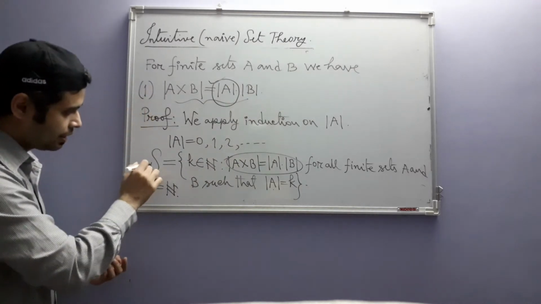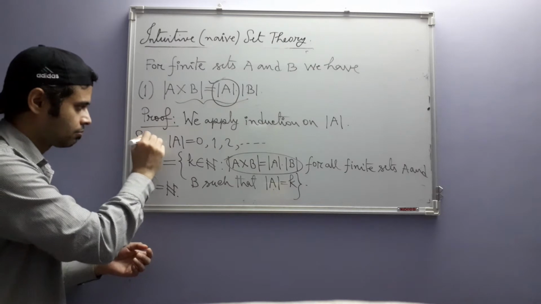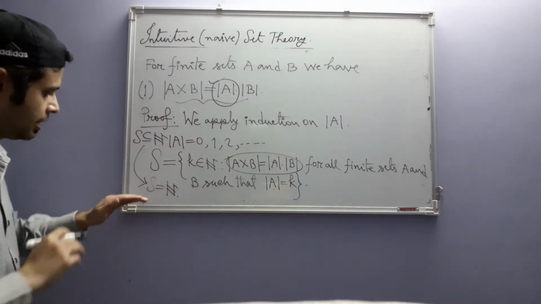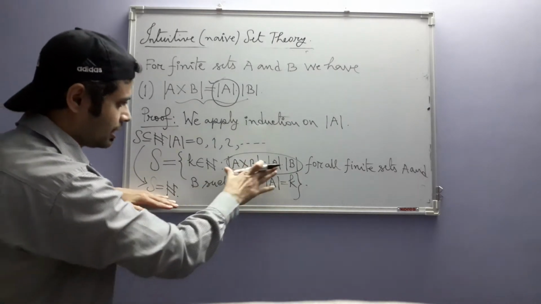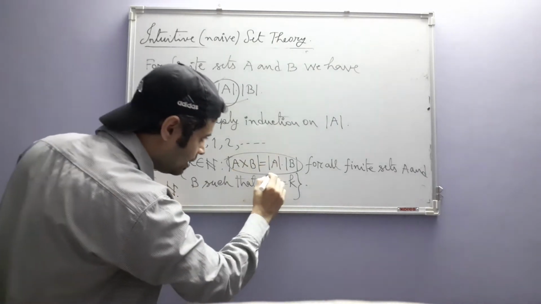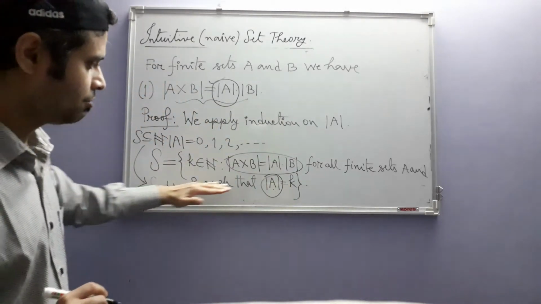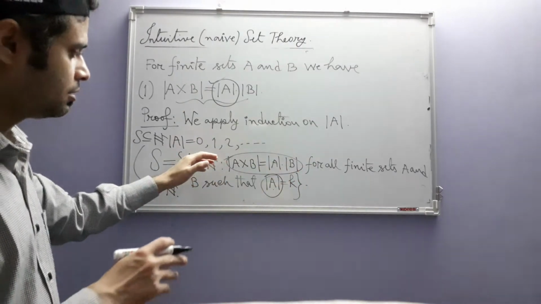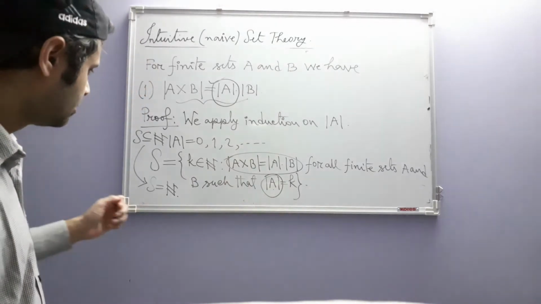You see, S by definition is a subset of N, and we want to prove that S is equal to N. If we achieve this, that will mean that this is true for any value of cardinality of A. And we are not restricting cardinality of B, so it is true for all cardinalities of B.